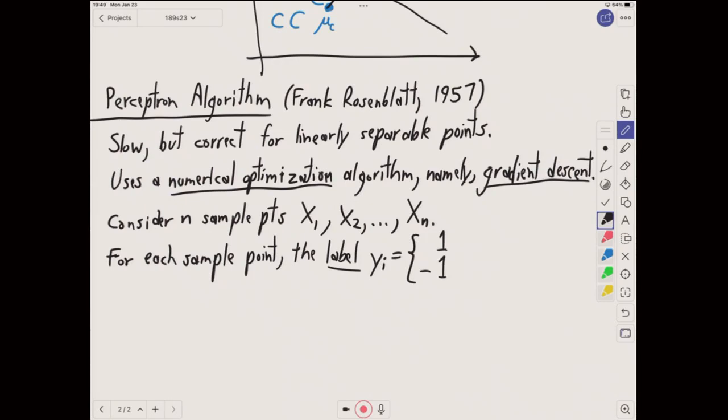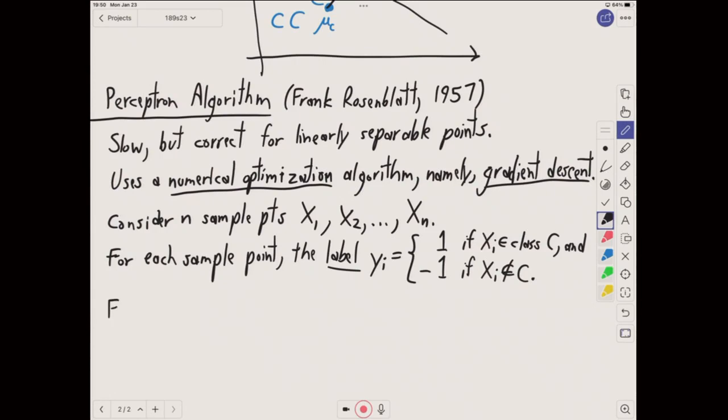It will be 1 if sample point xi is in class C, and it will be -1 if sample point xi isn't in class C. All right, so let's generate a machine learning algorithm that uses optimization to try to learn all of these training points and labels so that it assigns the correct label to every input point.